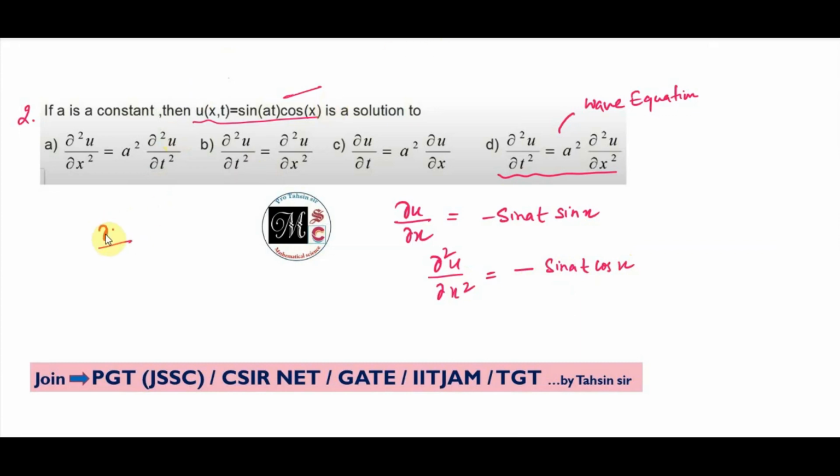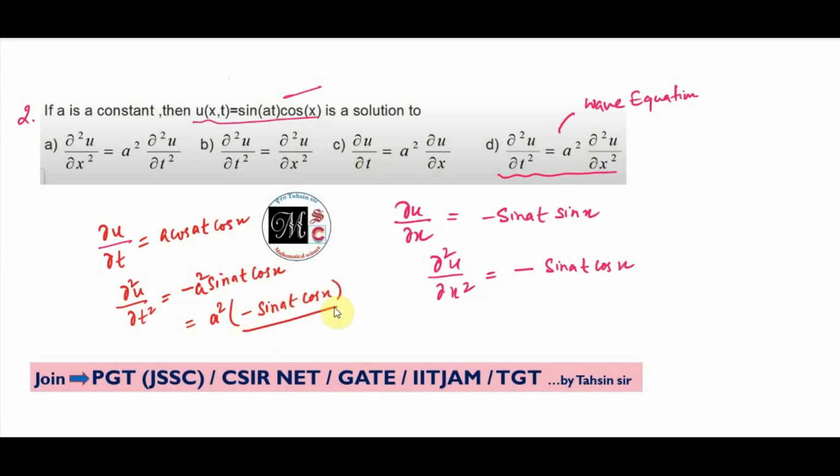Differentiating partially with respect to t, cos x is constant and sin at gives a cos at, and cos x. The second order derivative with respect to t is now a cos at giving minus a square sin at, and cos x is constant. Now if we separate a square, we get minus sin at cos x.